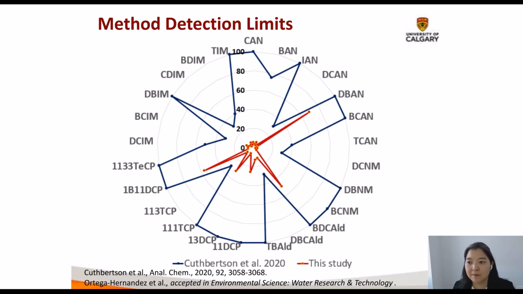This is compared to another method that used 100 mils of sample with a concentration of 500 times, and they used a single quad instrument in order to analyze these disinfection byproducts. So this shows that the method that we developed was able to quantify disinfection byproducts at nanograms per liter or low PPT levels in secondary wastewater effluents.